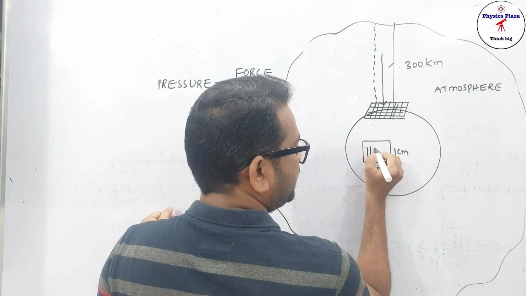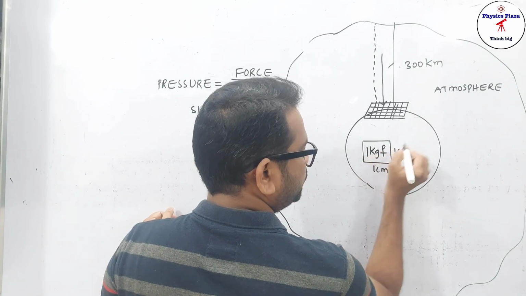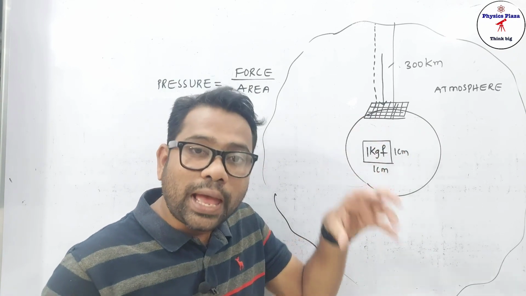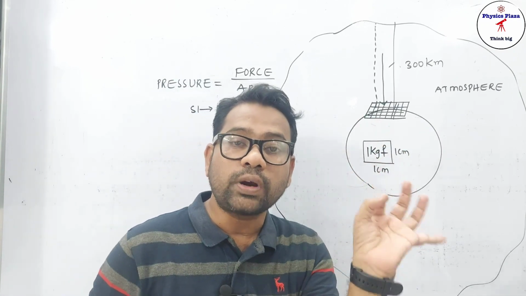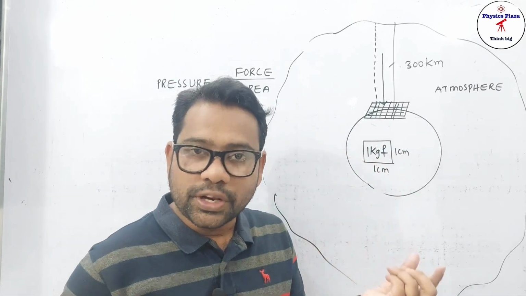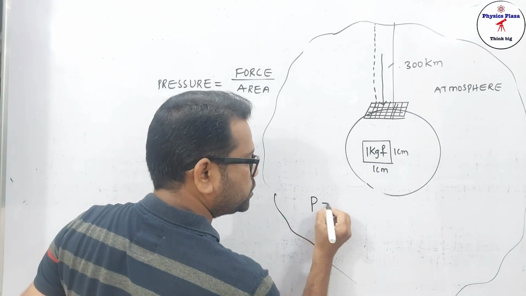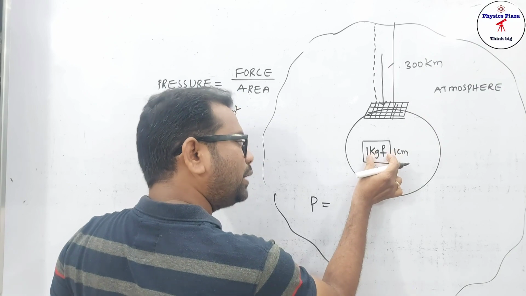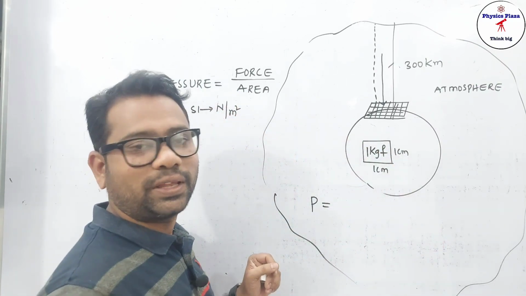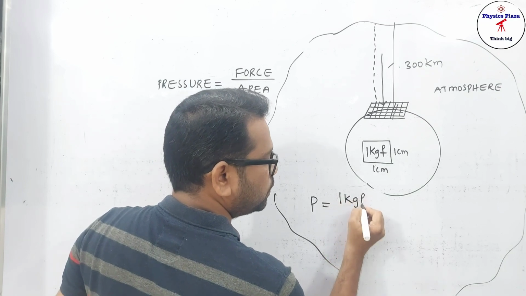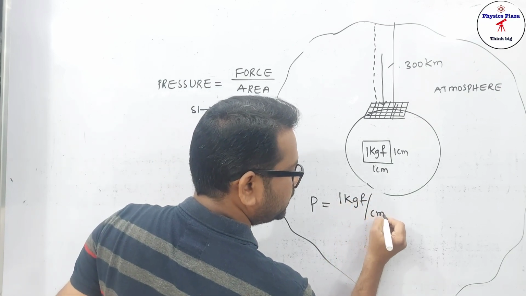On this, 1 kg of thrust will act. 1 kg of thrust will act on a surface area of 1 centimeter square. Then what is the pressure? Yes, you can use this formula. Pressure is equal to thrust, or weight, or force, all are similar. So what is the force acting here? 1 kgf per centimeter square.